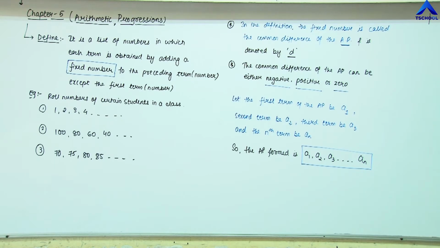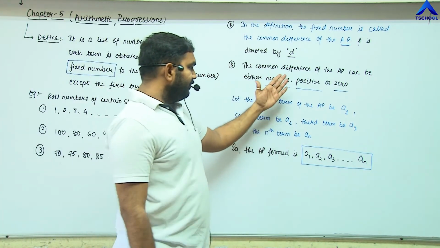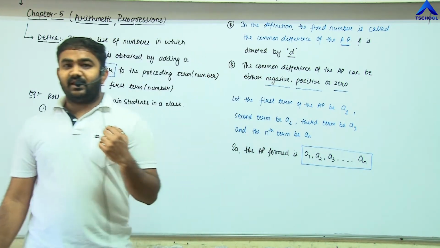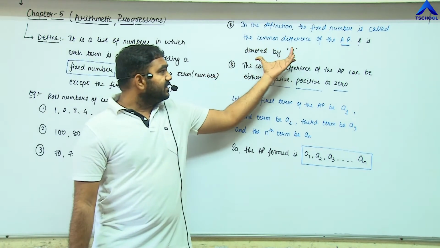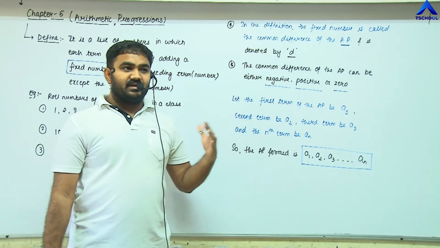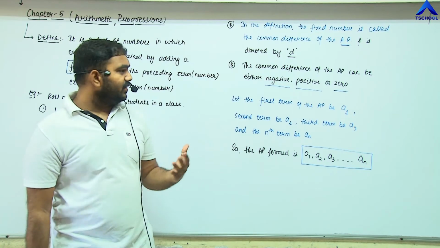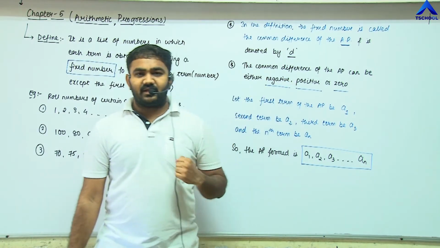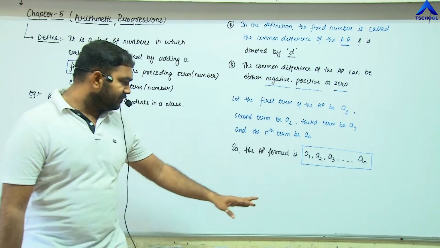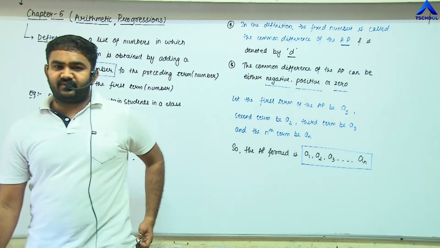Now according to this we are going to write down the terms here, what will be the first term, what will be the second term, and so on. Okay. Now if the common difference is the fixed number that is added to the preceding number, and if it can be either negative, positive or 0, then from this AP can I find out the common difference, friends?